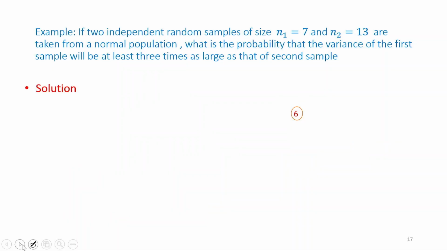Here is a problem we are solving now. If two independent random samples of size n1 equal to 7 and n2 equal to 13 are taken from a normal population, what is the probability that the variance of the first sample will be at least 3 times as large as that of the second sample?